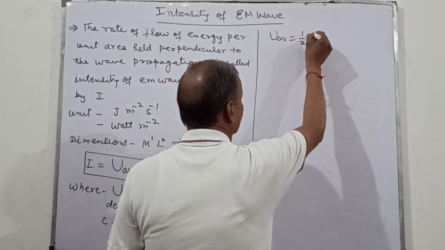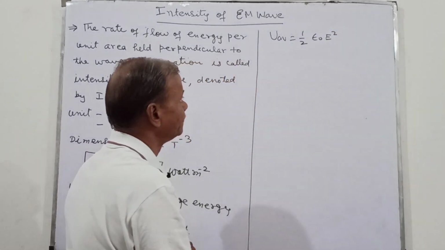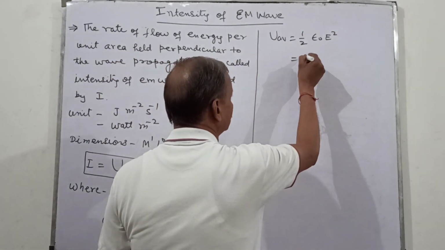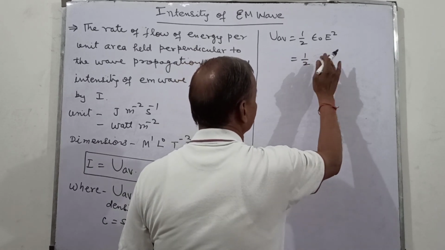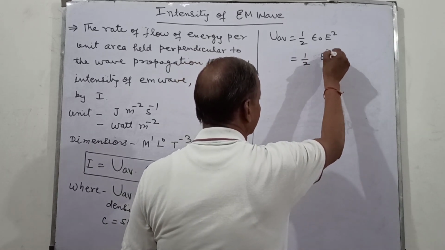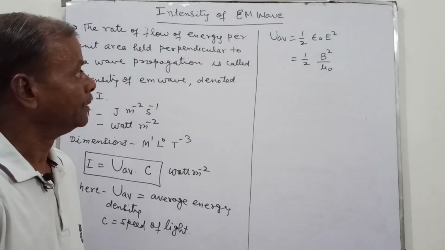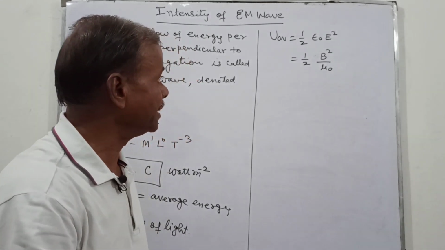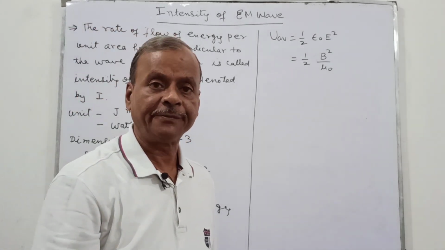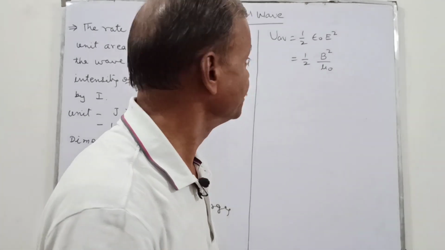Now this U average is equal to half epsilon naught E square, and this is also equal to half B square upon mu naught. E the electric field, B the magnetic field, epsilon naught the electric permittivity of the free space, mu naught the magnetic permeability of the free space.